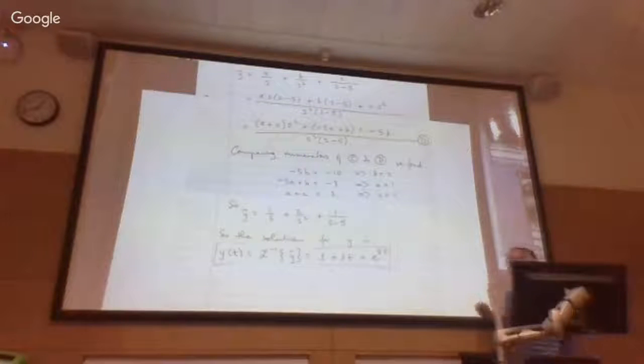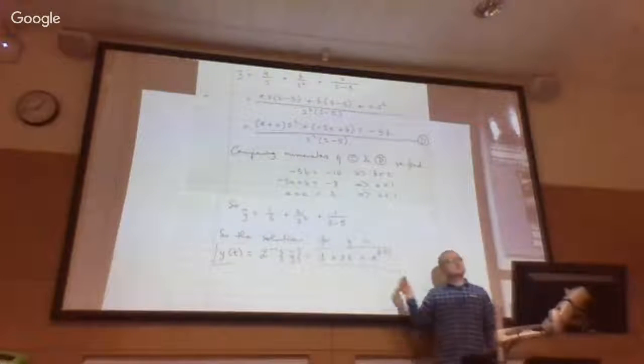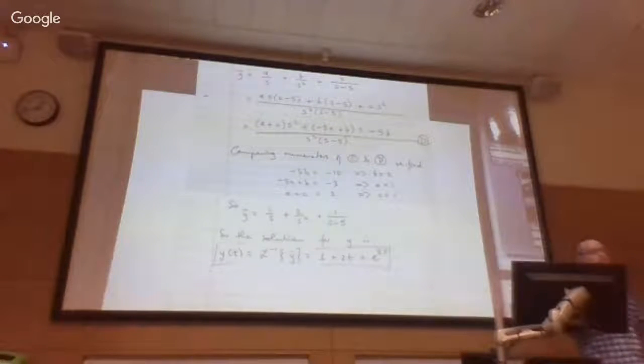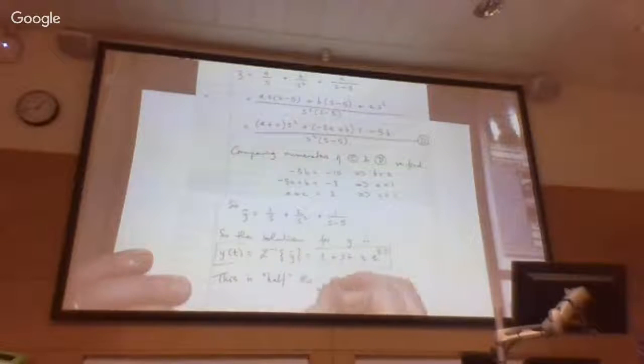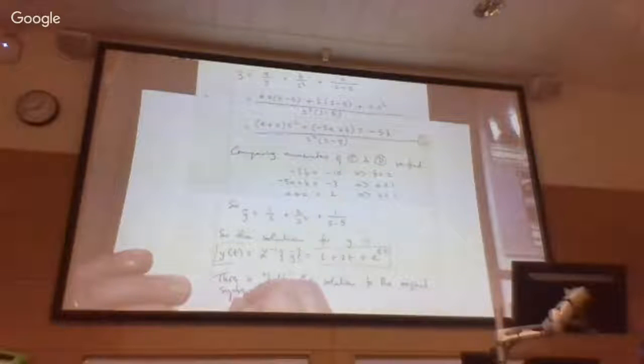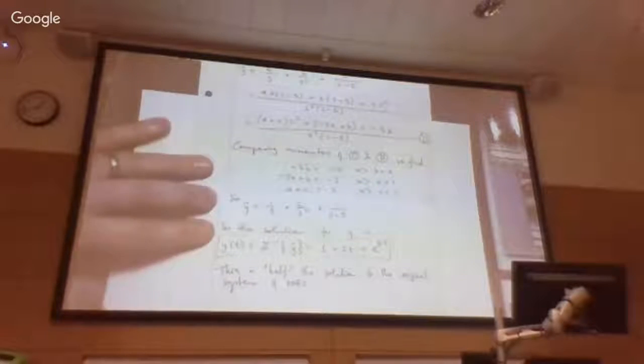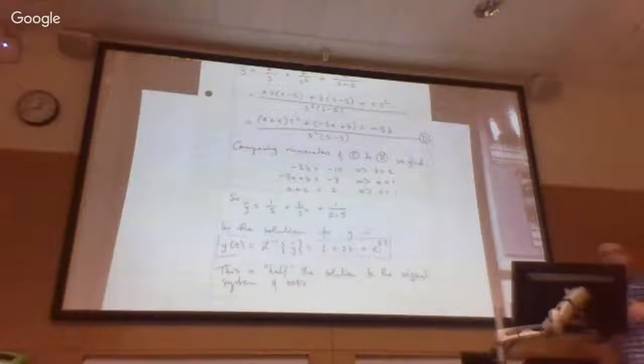Not so fast though. That's really just half the solution. Remember, it was a pair of coupled ODEs at the beginning in x and y, so that's half the solution to the original system. So we now need to go back and somehow get the solution for x.